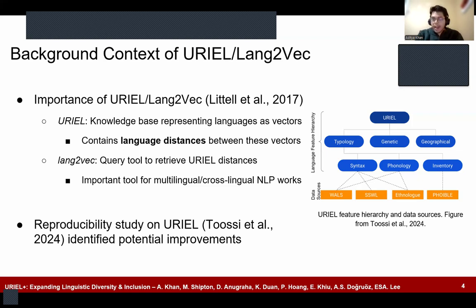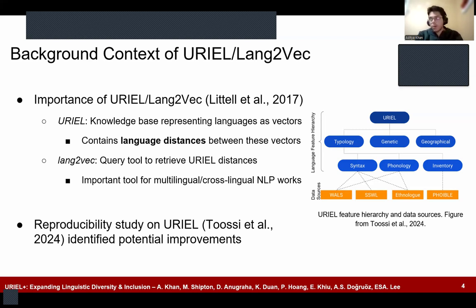The idea here is that if you can represent languages as vectors, then you have a numerical representation for them, and you can compute distances based on those vectors. Computing a distance on those vectors serves as a proxy for the distance between the languages as well. You can use Langevec to query the URIEL knowledge base to obtain these distances, and these distance calculations are pretty useful for downstream tasks in multilingual and cross-lingual NLP work.